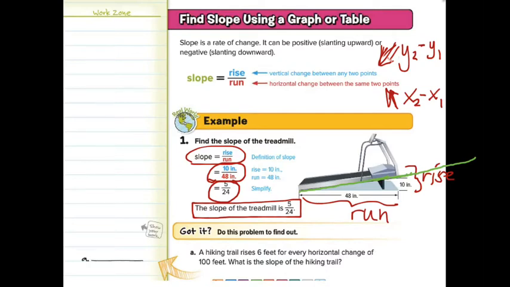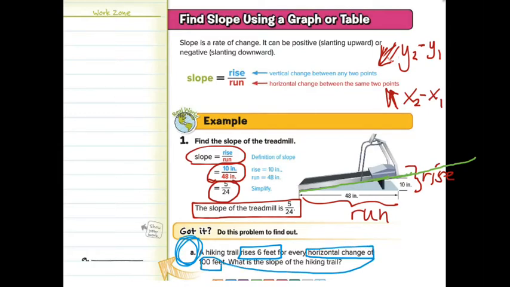Okay, so let's take a look at the example that they have down below, the got it, try it yourself section. Right down here. A hiking trail rises 6 feet for every horizontal change of 100 feet. What is the slope? So rise is 6 feet for every horizontal change of 100 feet.